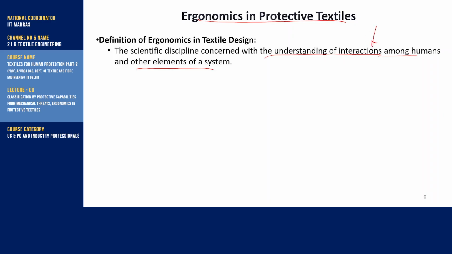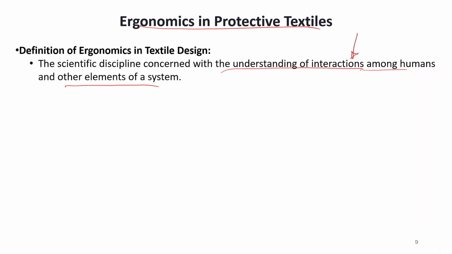We should give focus in this area. Otherwise, designing a fully protective textile without considering ergonomics is not going to help. It will be useless, because the wearer will not use it properly.